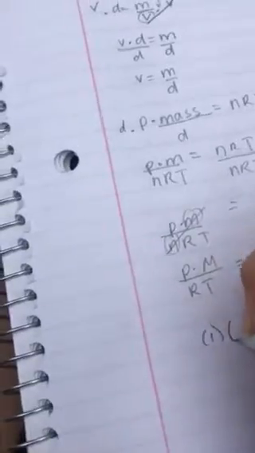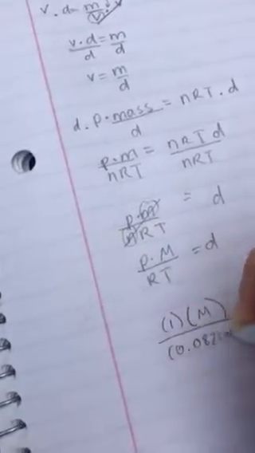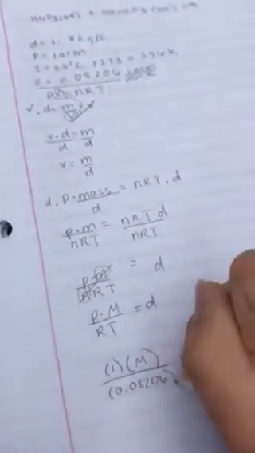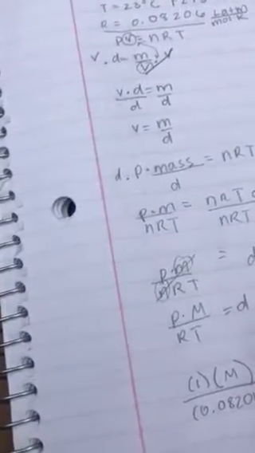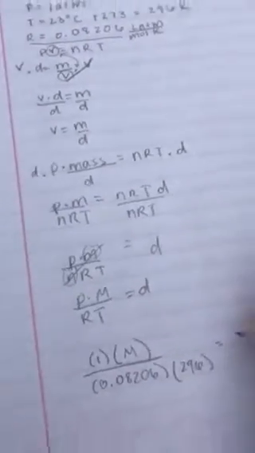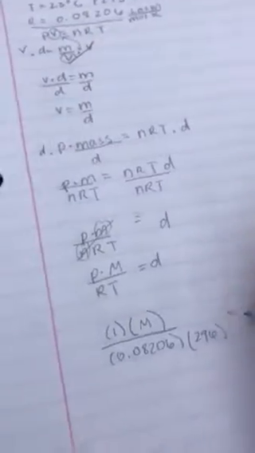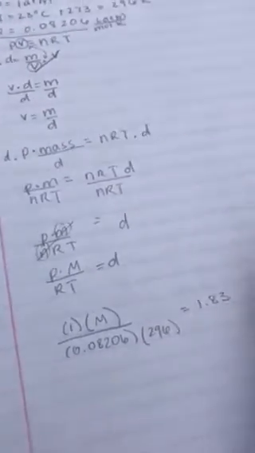You're going to want to do that using the numbers you were given. So now you know that you have 1 atm for pressure, so it'd be 1, and then the molar mass is what you're trying to find, over R, which is 0.08206, and temp is 296. And then you know from the given that the density of the gas is 1.83, so you set your problem equal to 1.83.